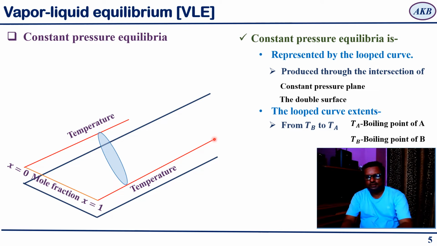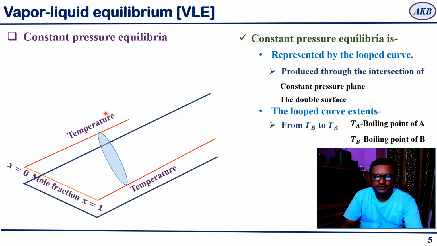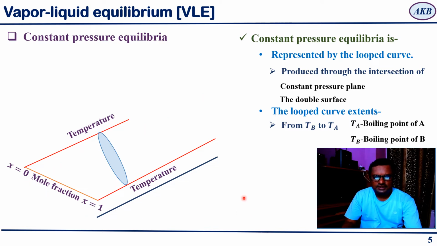Why am I calling it a two-dimensional plot? Because now you just have two variables. One is temperature and the other one is composition, that is mole fraction. Therefore we need two axes: one is the temperature axis and the other one is the composition axis. Again I will make it simple. Instead of having it in a slanting position, let us move it like this.